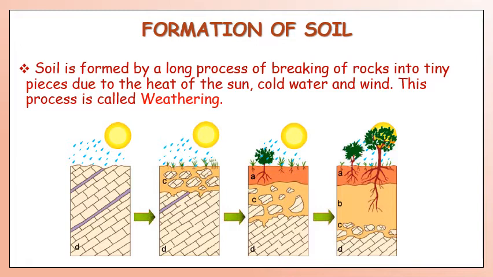Now, this repeated weathering over thousands of years breaks the rocks into small pieces. This results in the formation of soil. Now, you know, students, soil formation is a slow, long, and continuous process.